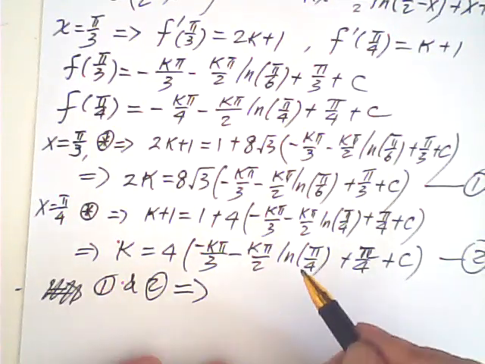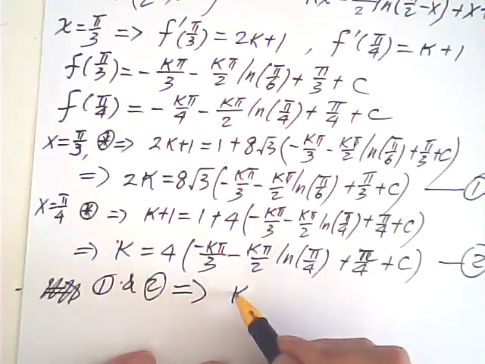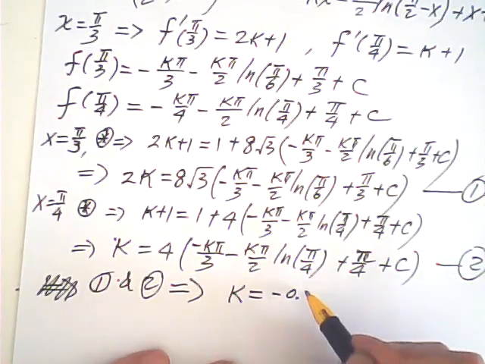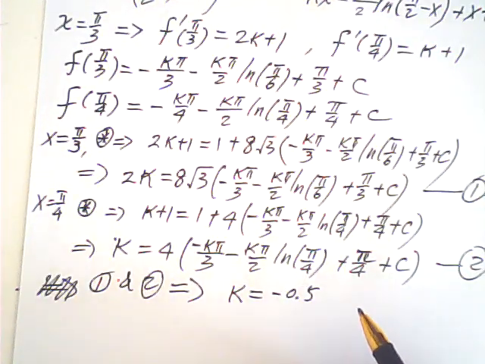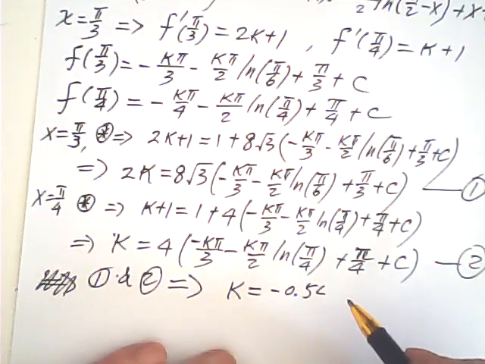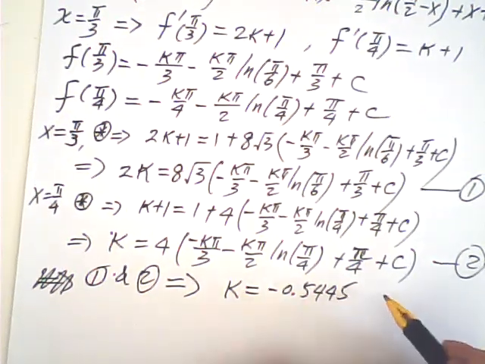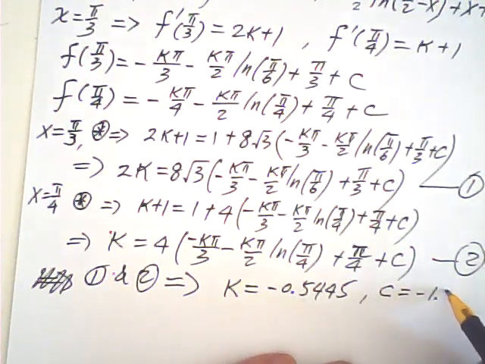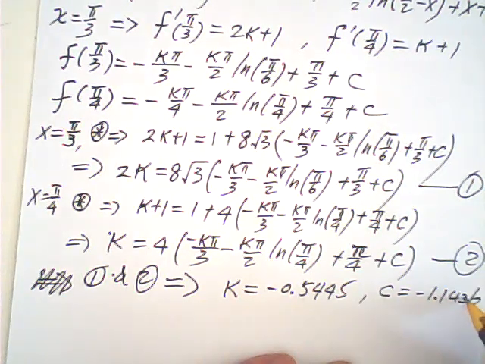I get a solution for k equal to negative 0.5445, and this c is equal to negative 1.1426.